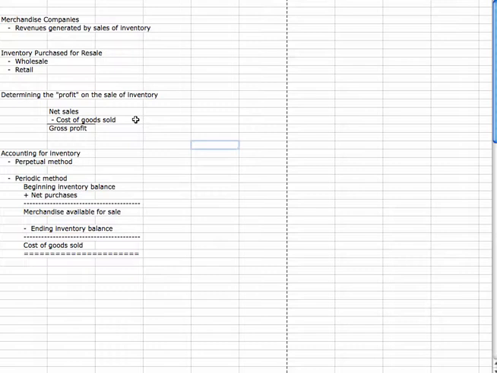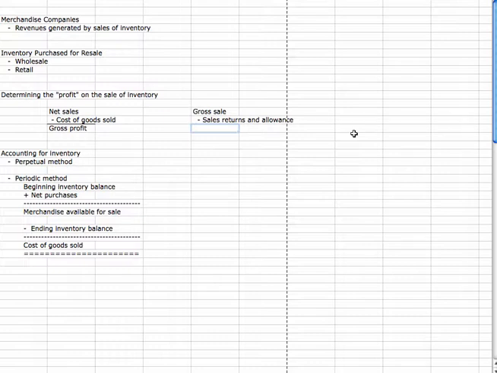Now, let's break this down real quick in terms of what is net sales. Net sales is the gross sale minus sales returns and allowances, which are the sales that come back to us from our customers, for whatever reason, where a customer doesn't like the product, it's damaged, or it's just not the right product in general, and they return it to us, and they also return the inventory.